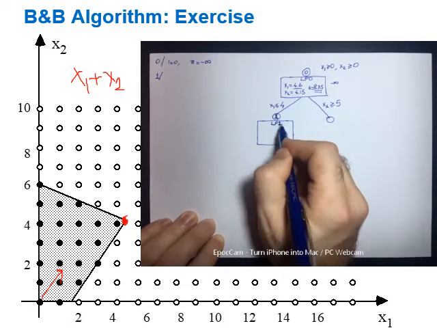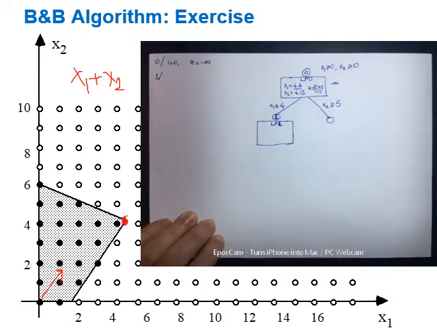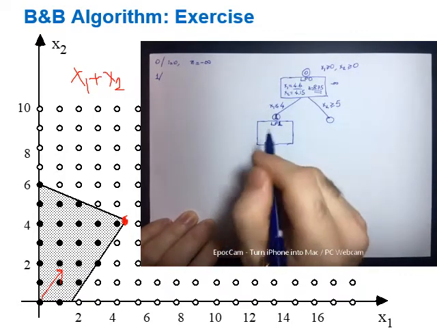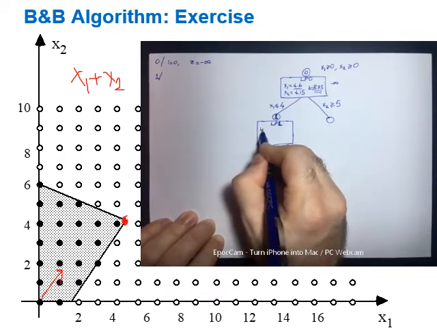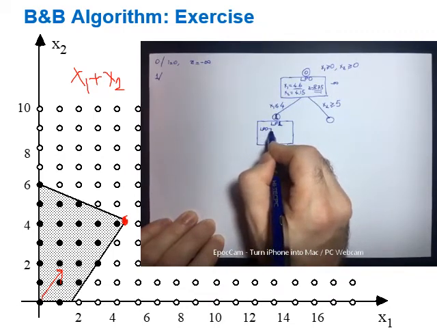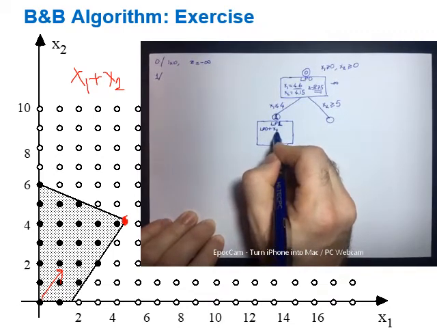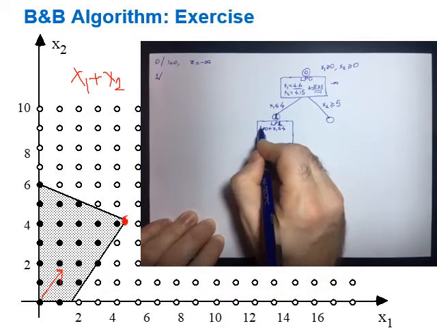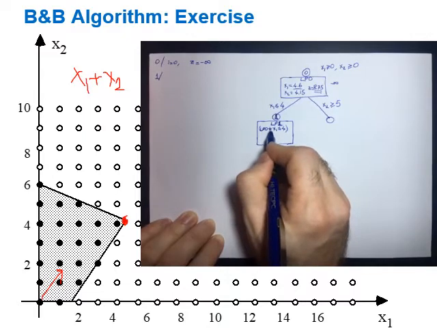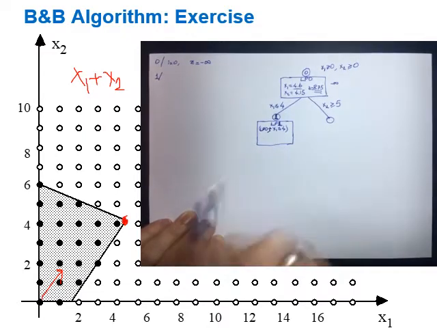Sorry, we started from 0. This is 1. This is also 1. What do we solve? We solve LP0 plus one more constraint, which is x1 less than or equal to 4. All the constraints of LP0 plus another constraint, x1 is less than or equal to 4.